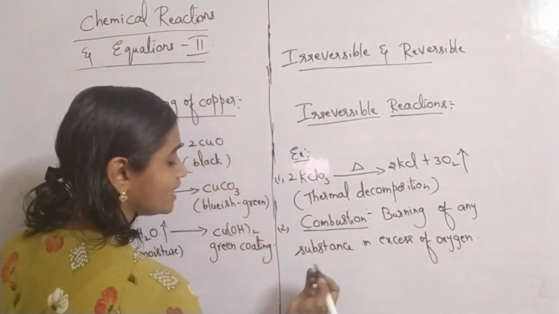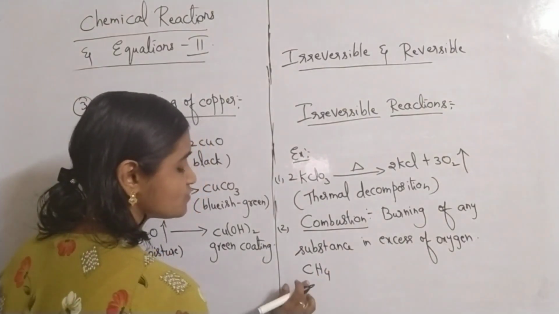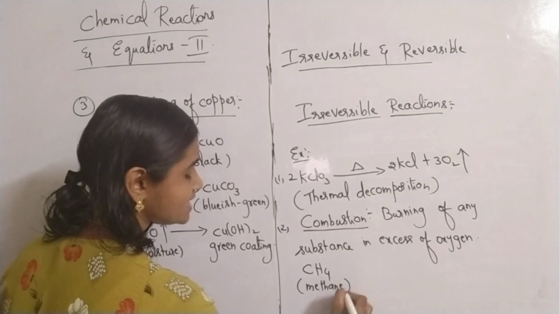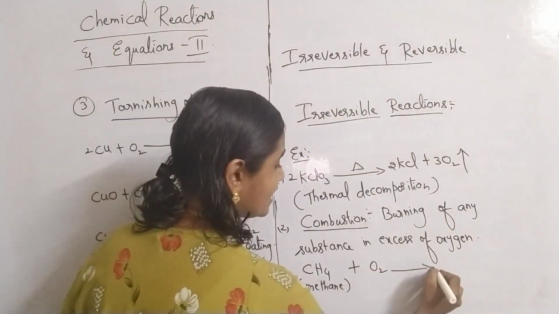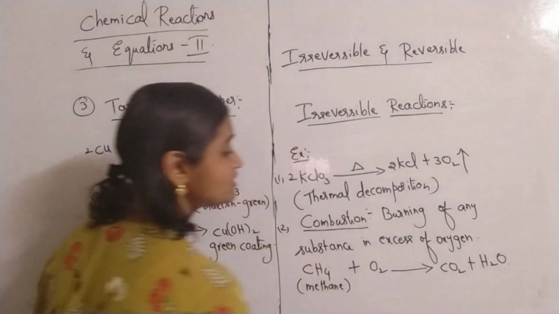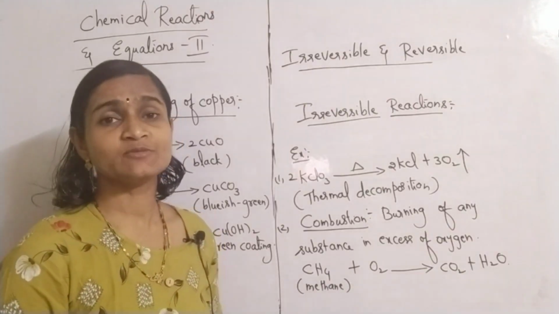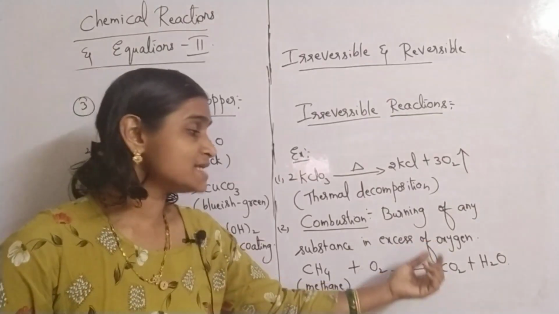You can take the example of burning of fuels like CH4. It's a natural gas, methane. When combusted with oxygen gas, it forms CO2 plus H2O. Whenever any combustion of fuels takes place, you will observe the formation of standard products.